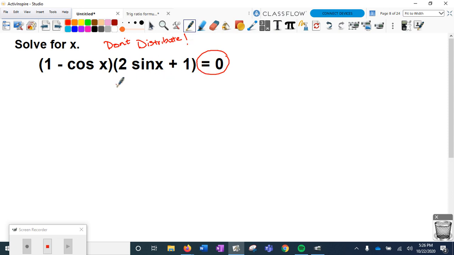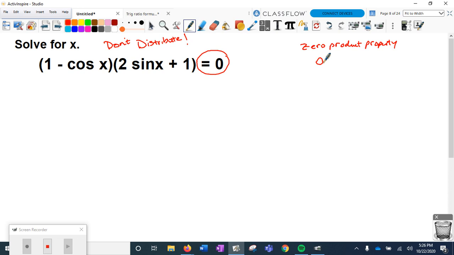All right, I want to introduce you to something that you already know, but I'm going to give you a formal definition of it. There's something called the zero product property. You use this in Algebra 2 a little bit, whether you remember it or not.